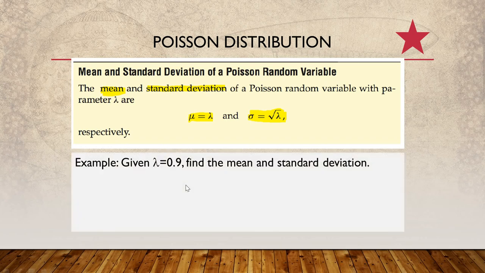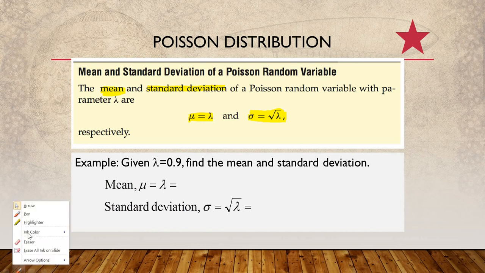Let's say we have lambda equals 0.9. Find the mean and the standard deviation. If you are given lambda, you already have the value of the mean. So mu equals lambda, which is 0.9. No calculation needed.